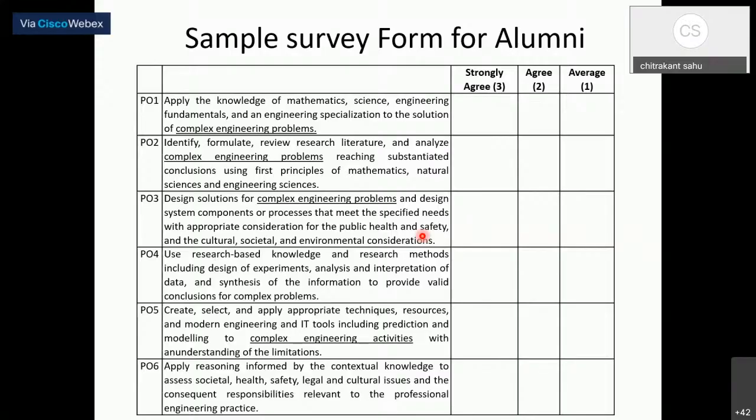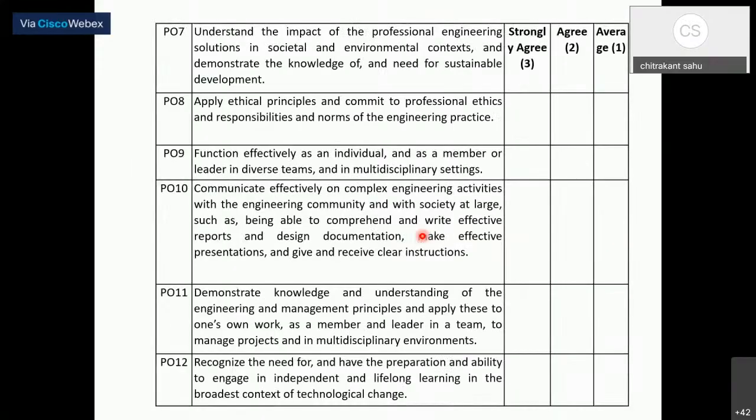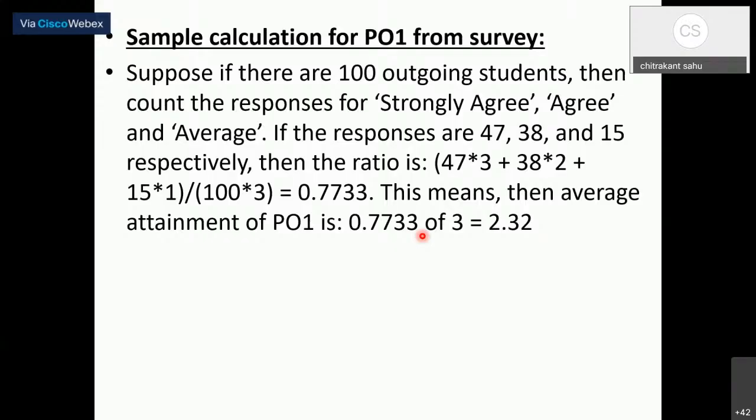This way, if you get 100 responses from alumni or students, then you can compute, let's say, 47 are 3, 38 are 2, and 15 are 1. Then the average comes out to be 0.773, that means in terms of level of 3, that is 2.32 for PO1. So this is the computation of PO1 attainment through the indirect method.